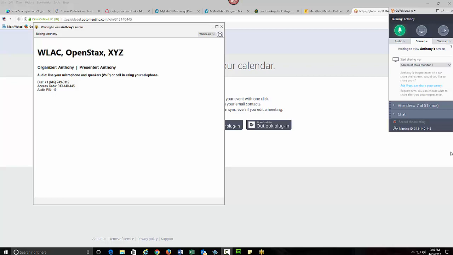So I guess I just put the question to you: how much do you know about OpenStax in general, and also XYZ, and do you need any general overviews, or do you just want to dive right into calculus and XYZ? Any viewpoints on where we should start?